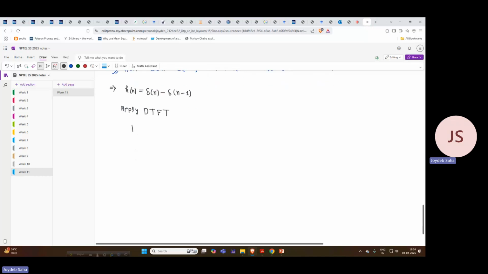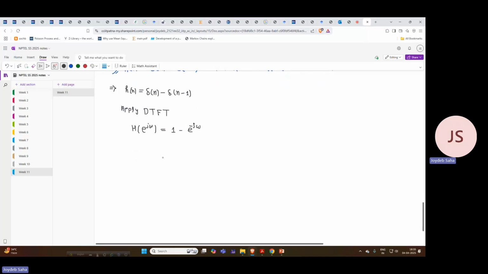So we will get H of e to the power j omega is equal to 1 minus e to the power minus j omega.